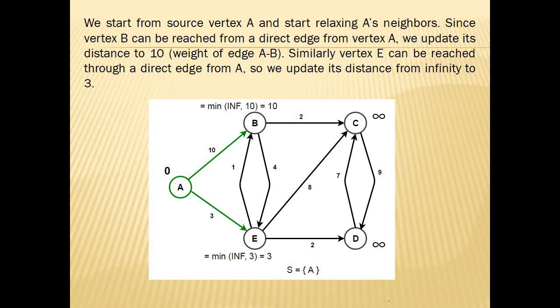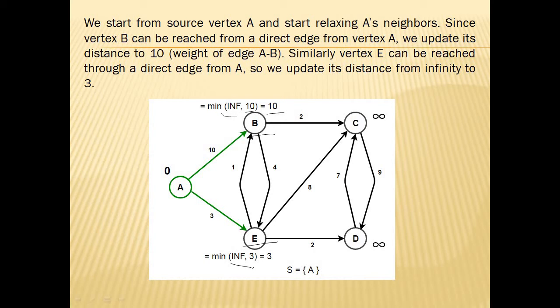Here the adjacent vertices to A are B and E. Then we find the minimum path. Earlier it is infinity, so min of infinity comma 10 is 10. For here also earlier it is infinity, so min of infinity comma 3 is 3.